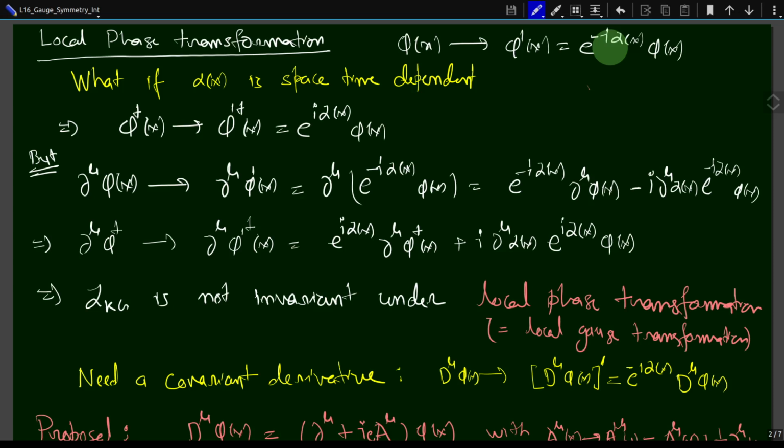This is what people did in the case of gravity, where the scale actually changed, and that's why the name gauge theories. But technically speaking, it is a local phase transformation.